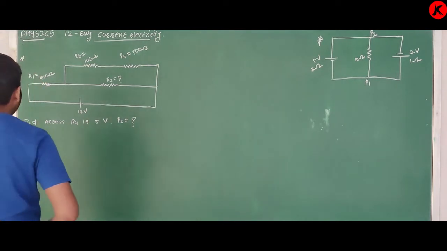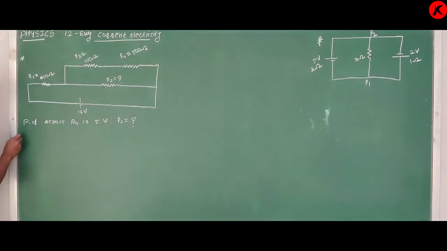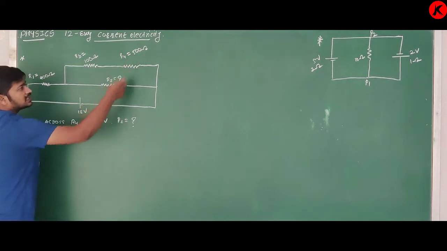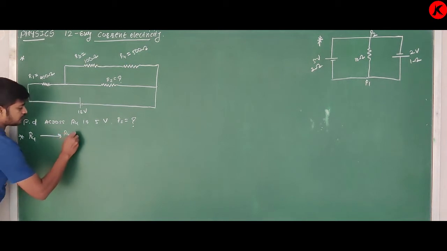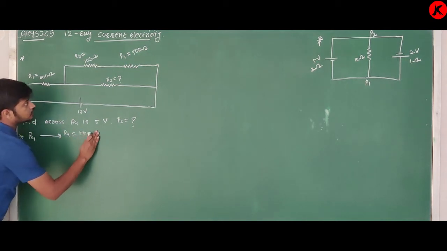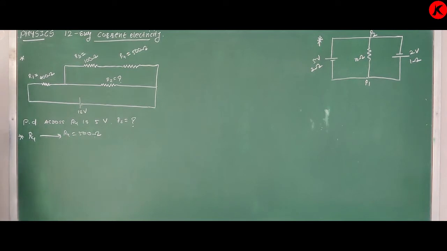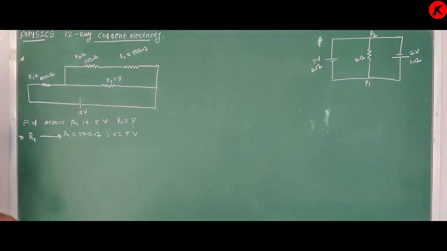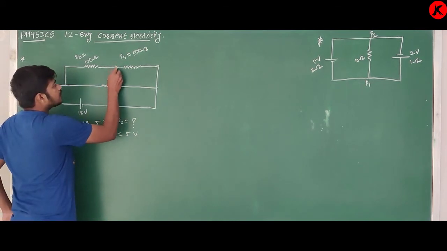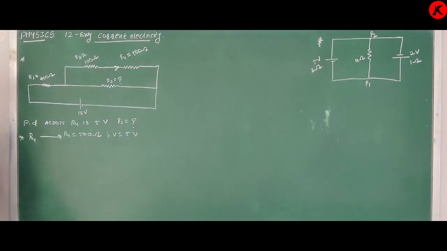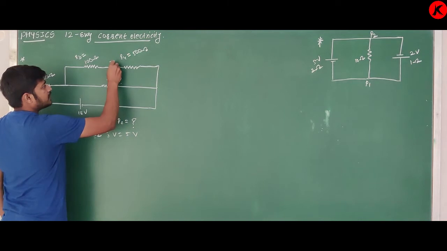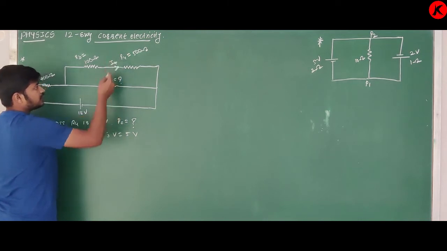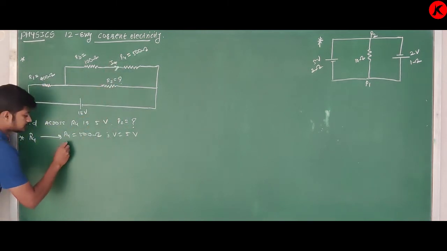So first of all, as you are given some data about R4, we will start from that. R4 resistance is given, R4 is equal to 500 ohm. You are given the potential difference between the two ends of the resistor, V is equal to 5 volt. So you can easily find the current flowing through this resistor R4, I can call it I4.